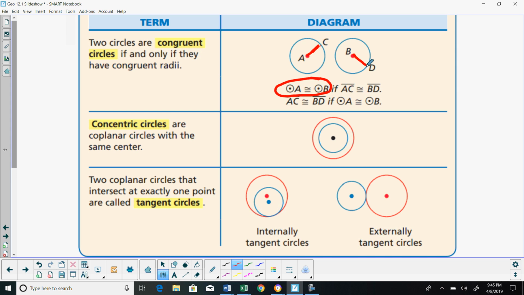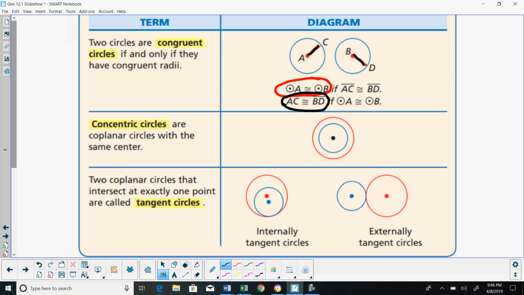So that is going from, the circles are congruent if the radii are congruent. And then we have the other one that says that segment AC is going to be congruent to segment BD, but only if the circles are congruent. So if you know you have two congruent circles, then the radius of one circle is going to be congruent to the radius of the other.